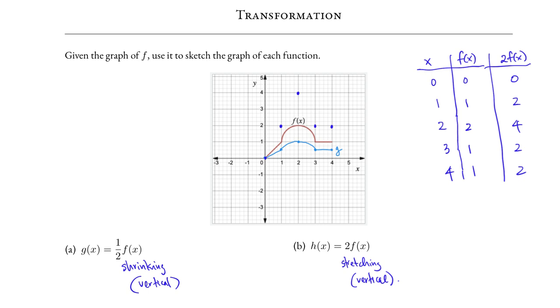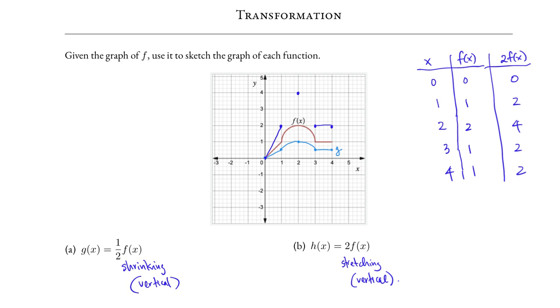Again, we still need to maintain the proportion of the shape of the graph, and so the original graph is linear. It is a line from 0 to 1, and so we will still need to draw the line between 0 and 1 for the new graph. Similarly, from x equals 3 to x equals 4, it is a horizontal line.